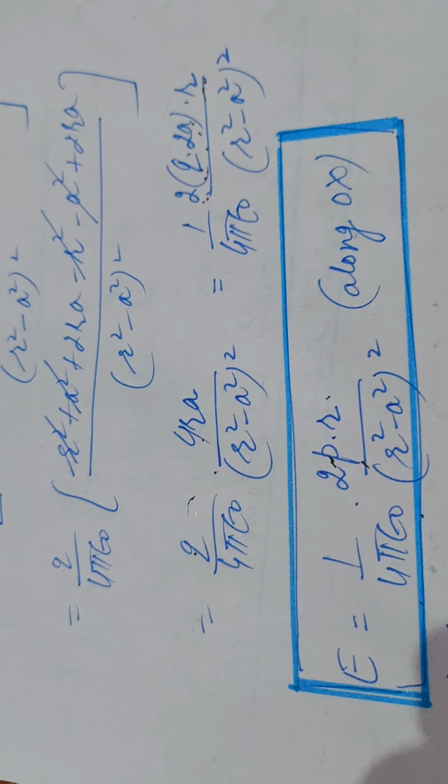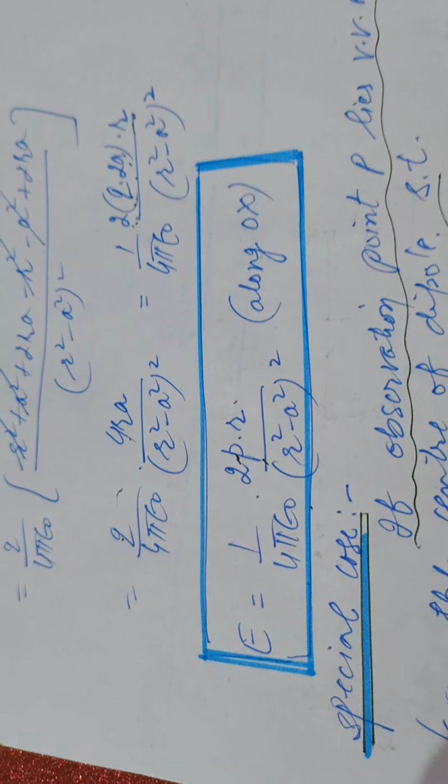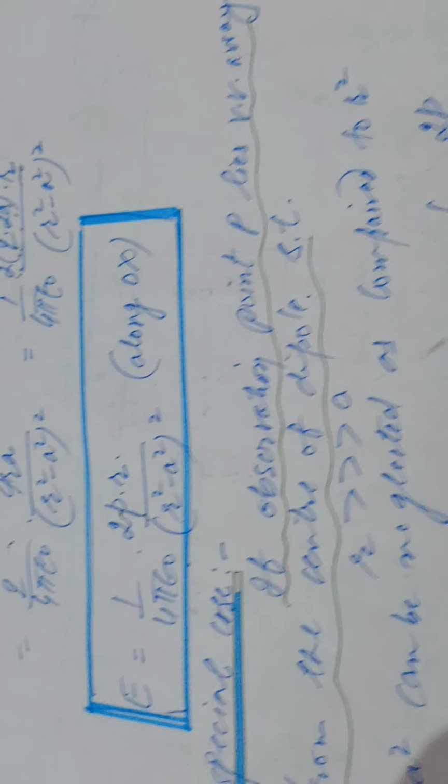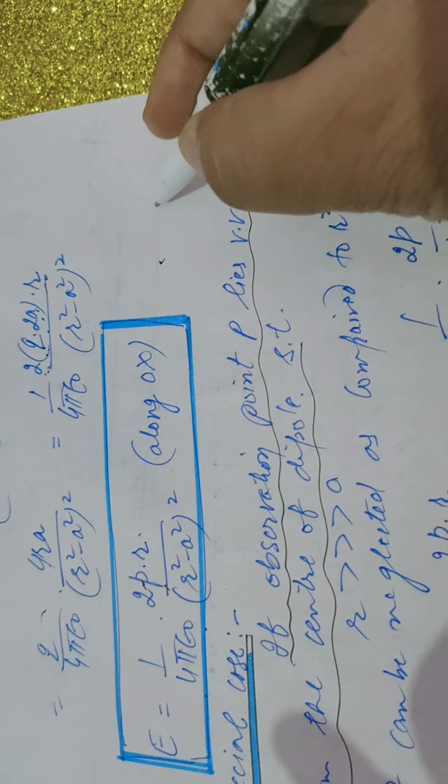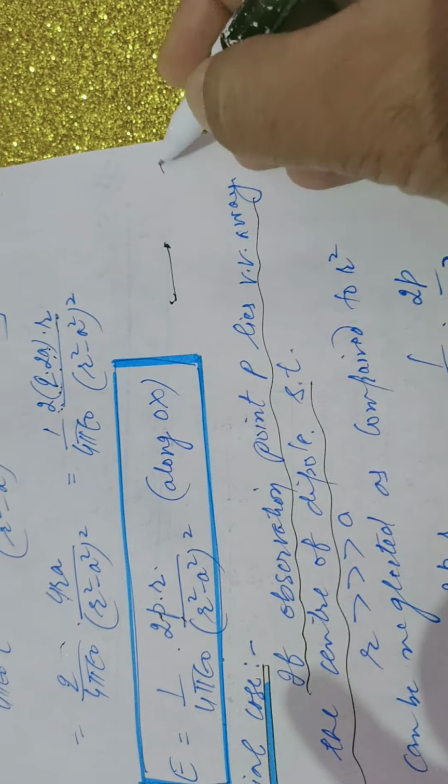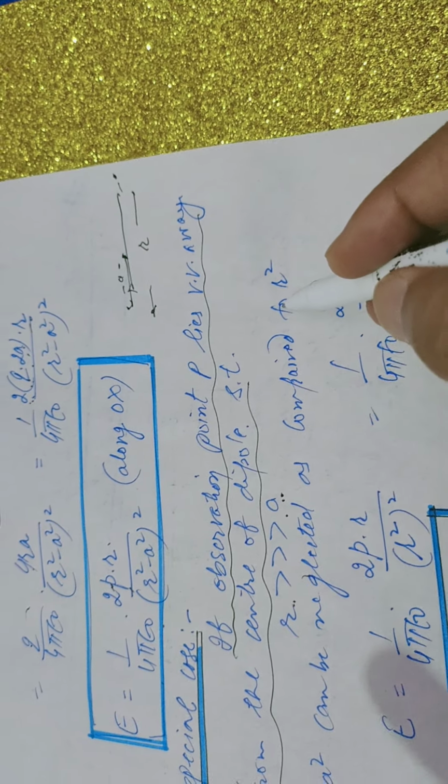Now there is a special case that if your dipole is very very small, or I can say if this is the dipole and this is the observation point, and this r is very very large as compared to a, then a square can be neglected as compared to r square.